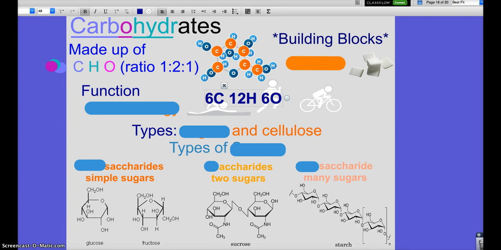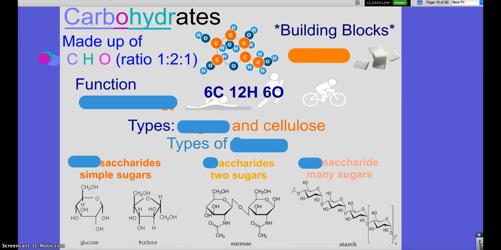Now, when you think of a carb, what comes to your head? Food, bread, rice, starches, cereal, pasta. What do all those foods have in common? They're made out of wheat. Close. They're all carbs. What are carbs made up of?